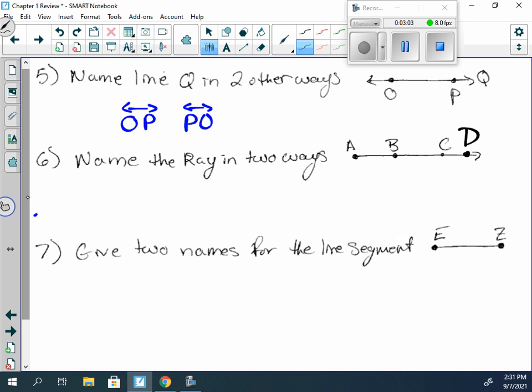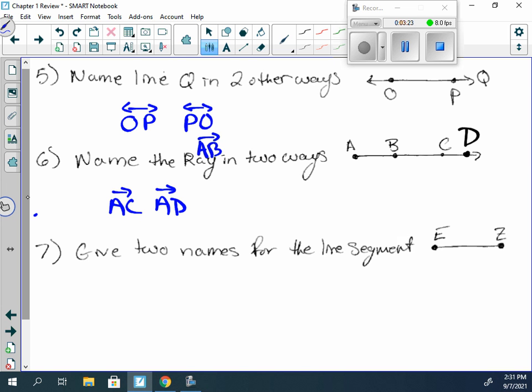Any questions on number 6 or problem number 7? Number 6 says name ray AB in 2 other ways. So we could say AC or AD.